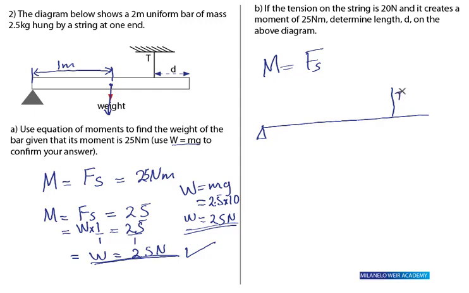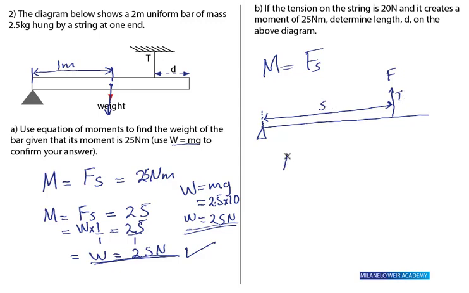This is where the tension is. And to find D, I first have to determine this distance. This distance, call it S. Then here we have our force, of course. This force is the same as the tension on the string.